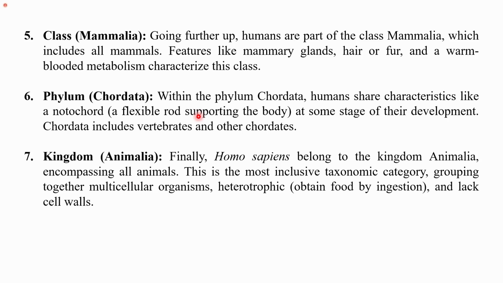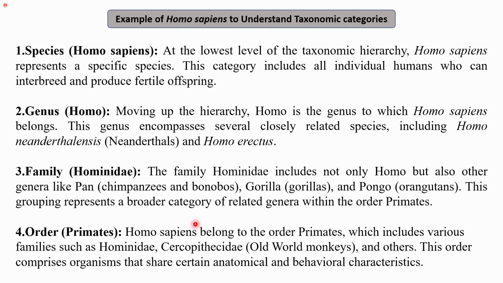And this is the most inclusive taxonomic category that groups together the multicellular organisms that are heterotrophic in nature, that is, they obtain food by ingestion and lack cell walls. So all the organisms which have these characteristics will be placed under the kingdom Animalia, and then based on certain similarities and differences, they will become different phyla, then different classes, then different orders, families, genera, and ultimately the different species.